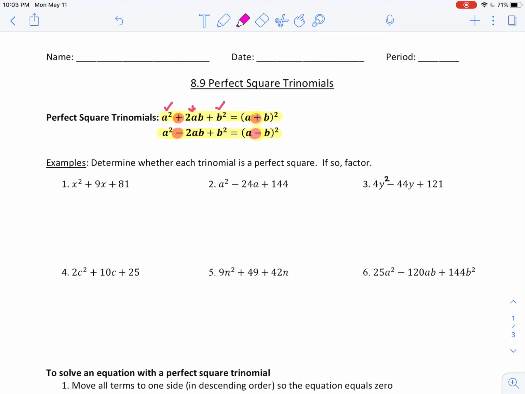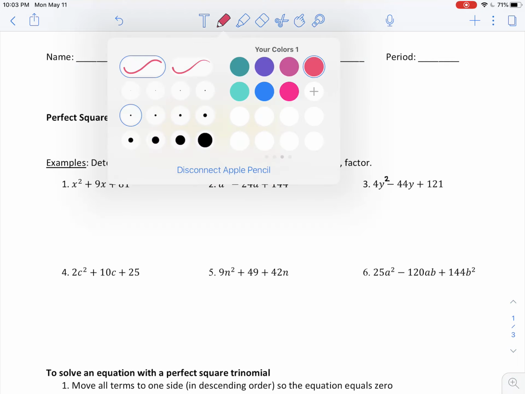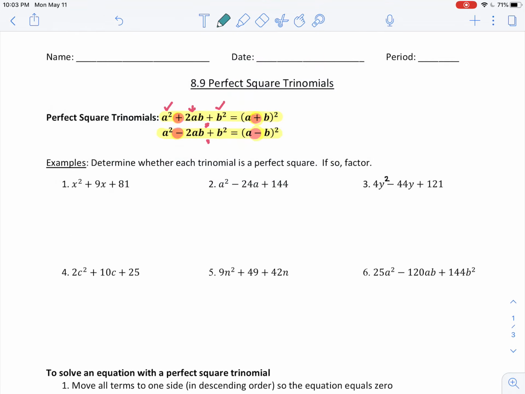The sign in your answer is dependent upon the middle sign in the question. Those will always be the same. Also make a note that in a perfect square trinomial, the last sign must always be positive. Something cannot be a perfect square if it's a negative number.